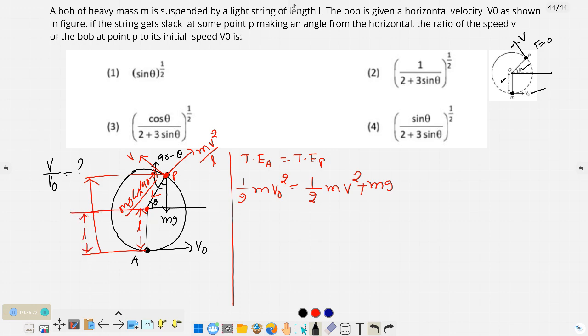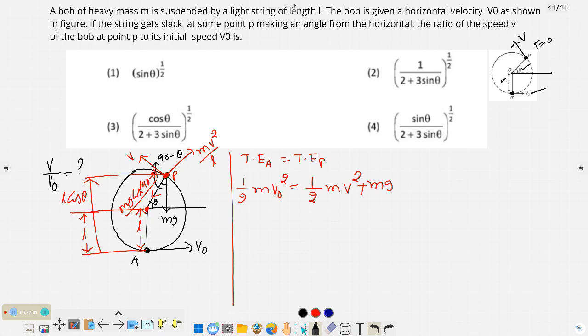Already you know the length of the string, and this length if you calculate using geometry, you are going to get L sin theta.